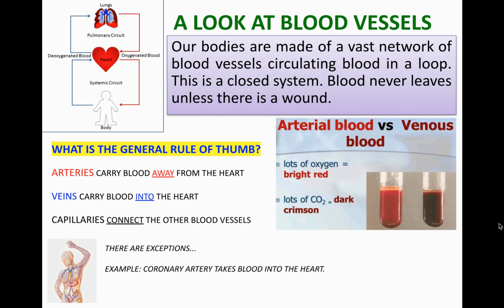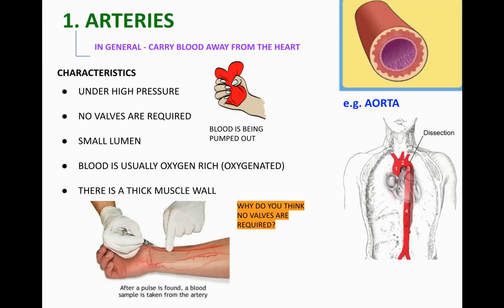So the reason that artery blood is so richly red is because you can be sure that the artery blood is full of oxygen because the blood has just passed the lungs. Whereas the veins are bringing back blood from all around the body back into the heart to get back up to the lungs, and therefore it hasn't got a lot of oxygen and it's got an awful lot of carbon dioxide.